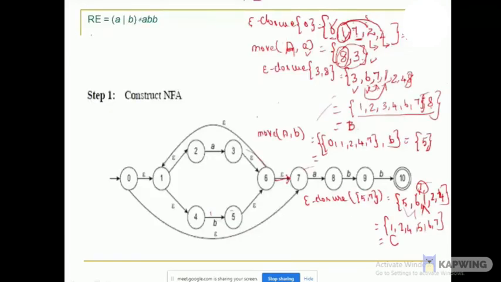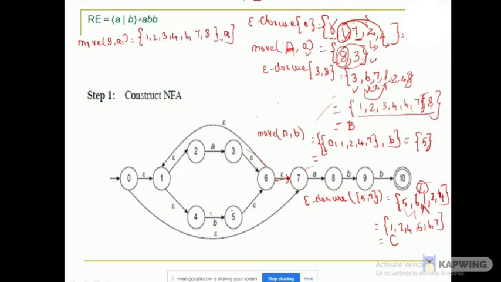Right. Now we have to take move of B comma A. Actually, sorry. B is 1, 2, 3, 4, 6, 7, 8. Let me write it here: 1, 2, 3, 4, 6, 7, 8.